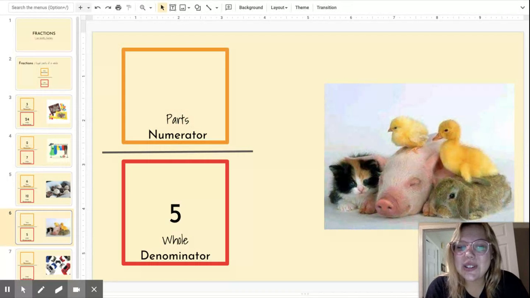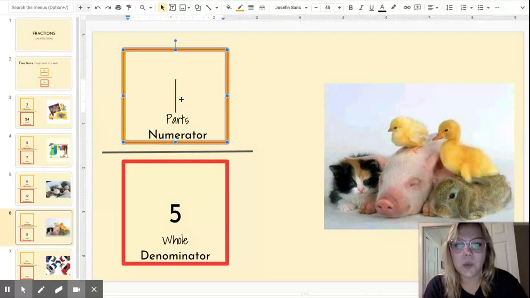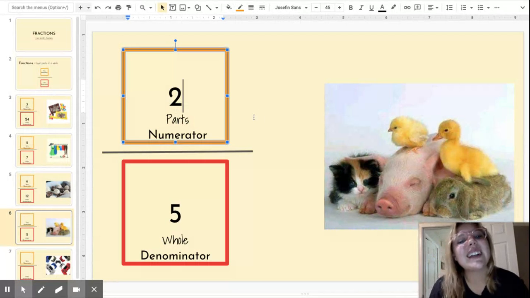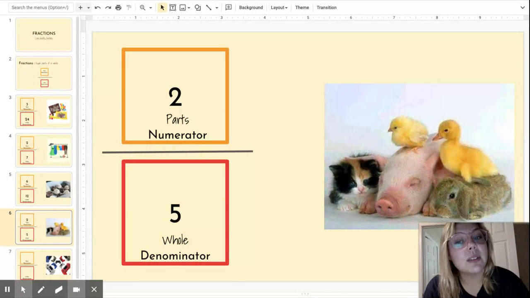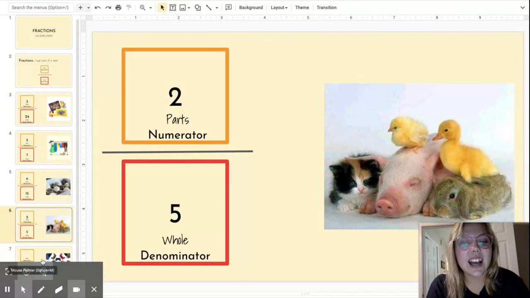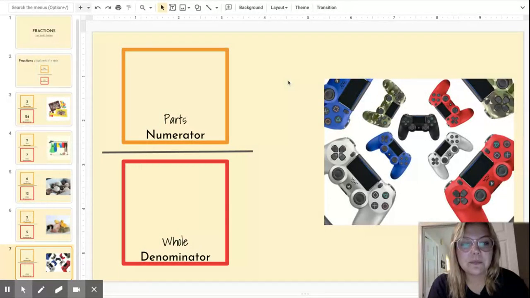Did you say 2 ducklings? Good work. It is 2 ducklings. So our fraction for the amount of ducklings compared to all the baby animals would be 2/5 ducklings. Nice job creating fractions with me. Last one, get ready.